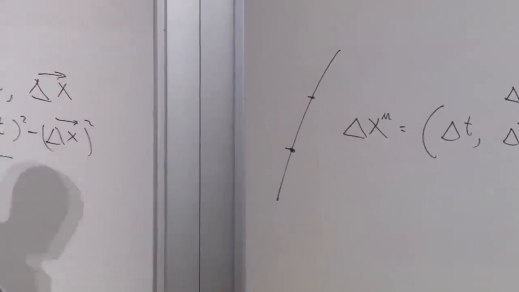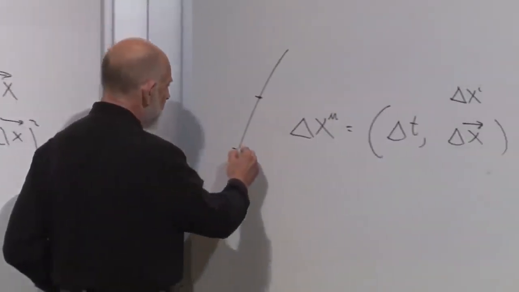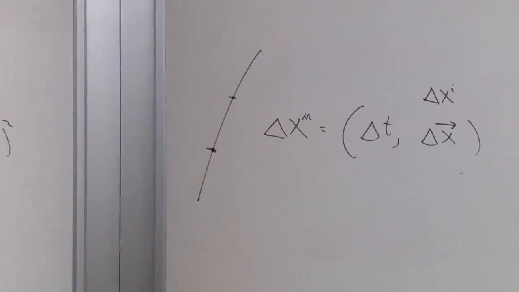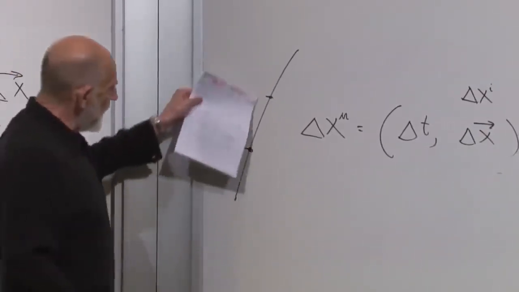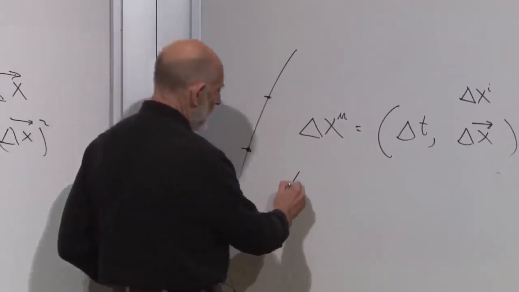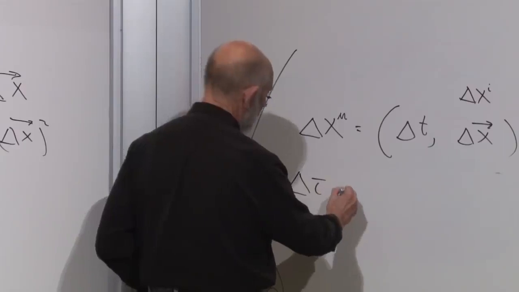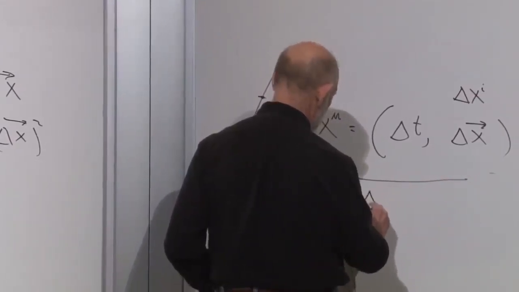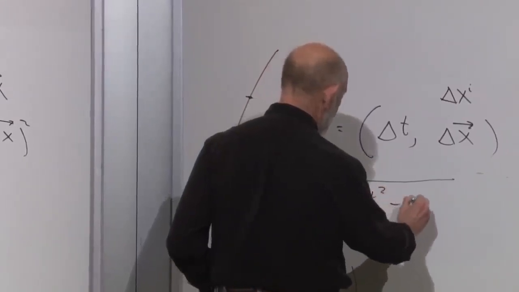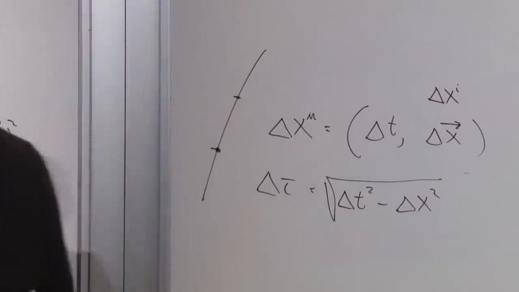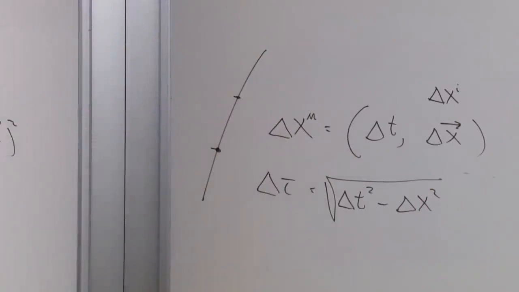This is an interval along the trajectory here, has four components to it, and it defines a delta tau between the two endpoints of the interval. Delta tau is equal to the square root of delta t squared minus delta x squared. Incidentally, just once or twice every so often, let's put in the speed of light just to remember where it goes.